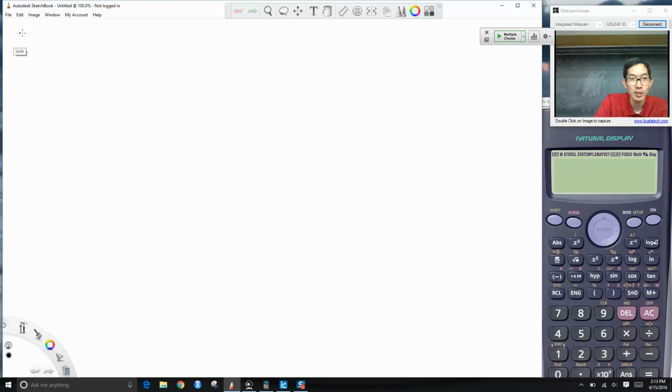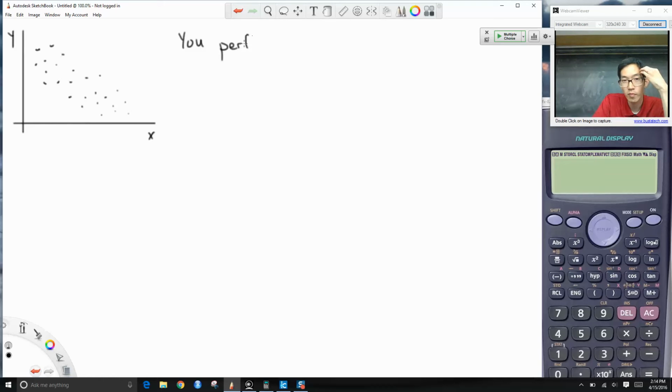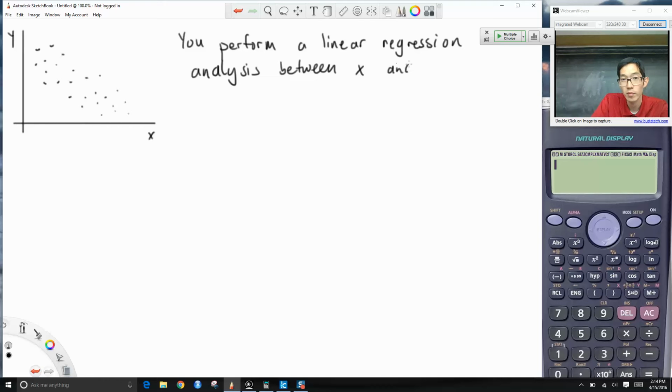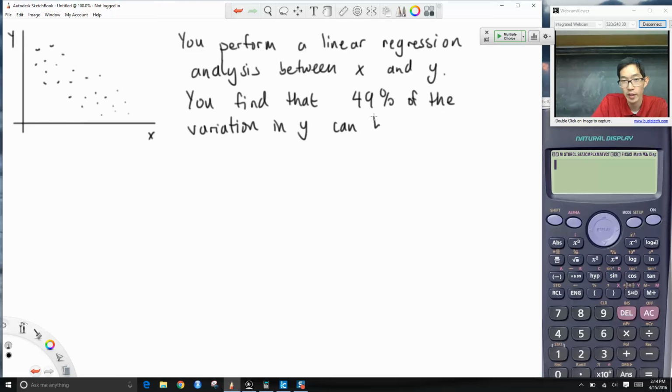Okay, so I'm going to draw a little picture here. Say you perform a linear regression analysis between x and y, and you find that 49% of the variation in y can be explained by x.